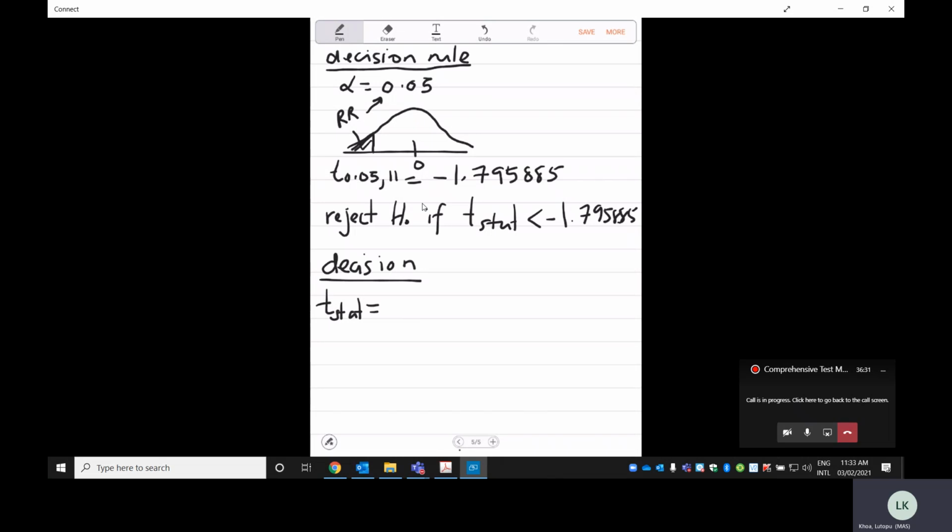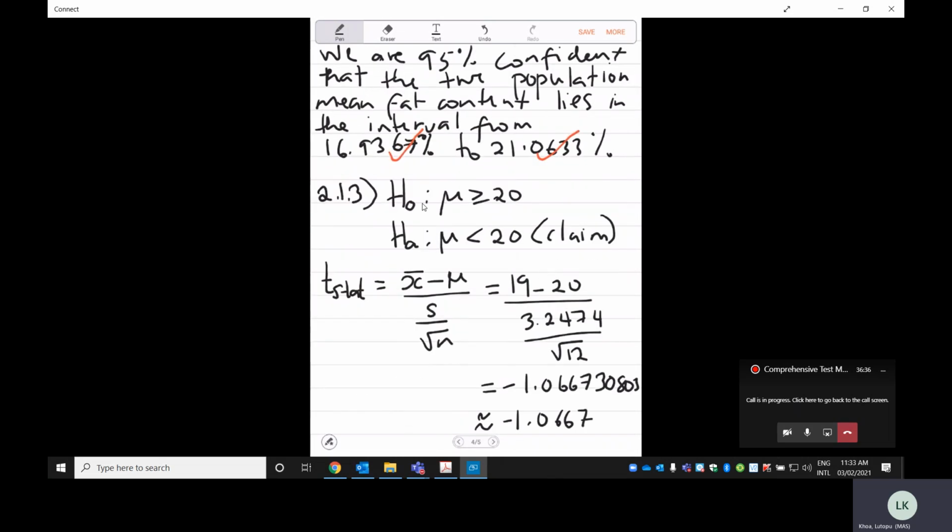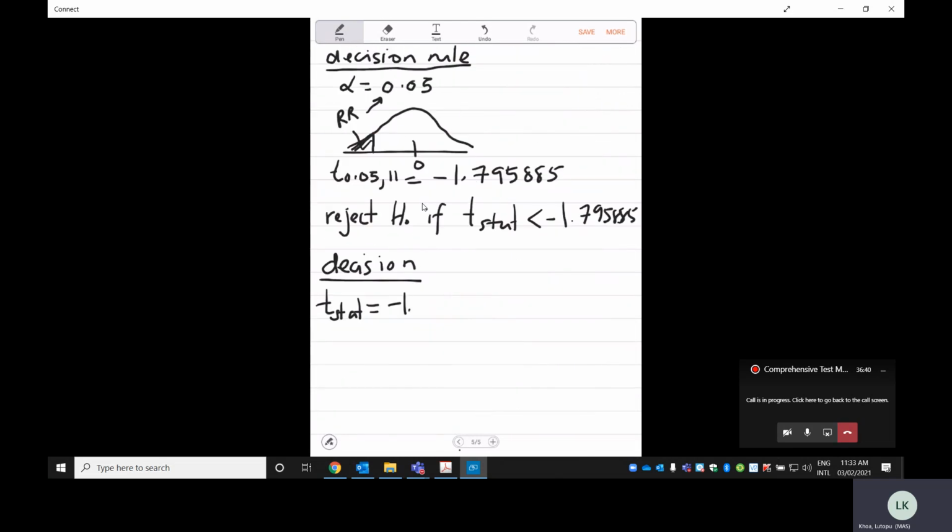This is equal to, we calculated it over here, negative 1.0667. And this is in fact greater than negative 1.795885. So we fail to reject H naught. Okay, so we fail to reject H naught.